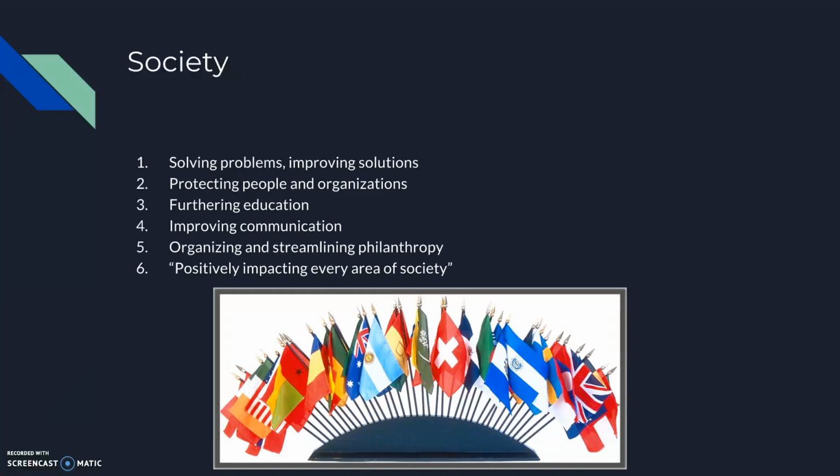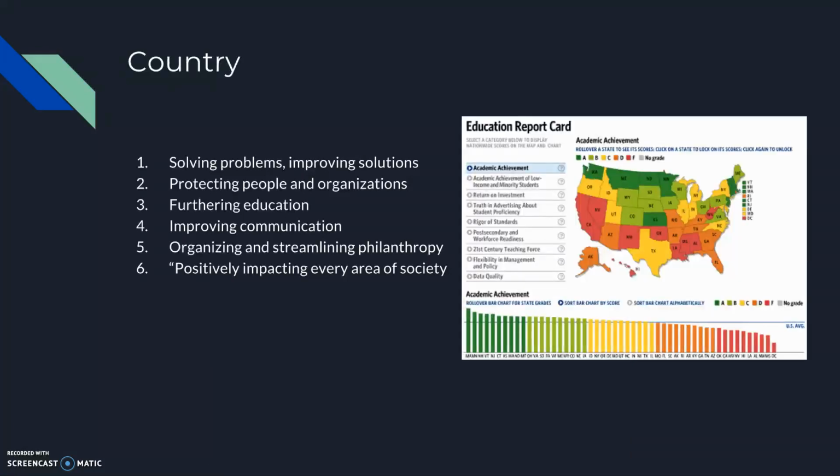What we'll be focusing on is that furthering of education. It improves communication, just thinking about how communication has changed in the last 200 years, mostly due to technology and computer science. And we see that society benefits philanthropically, which is kind of a holistic viewpoint. This article claims it positively impacts every area of society. And so we can use those same 6 characteristics to look at how technology has benefited everyone.